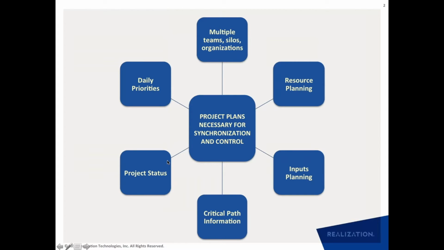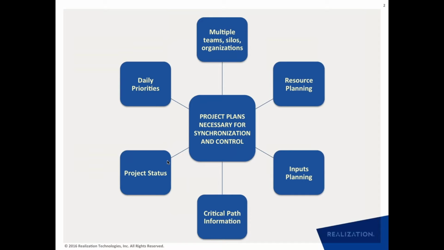We all know that in terms of the background, we create project plans, especially when we are managing large projects that involve multiple organizations, multiple enterprises, multiple departments or multiple teams. One of the functions of the project plan is synchronizing all these different participants as the project is being executed.